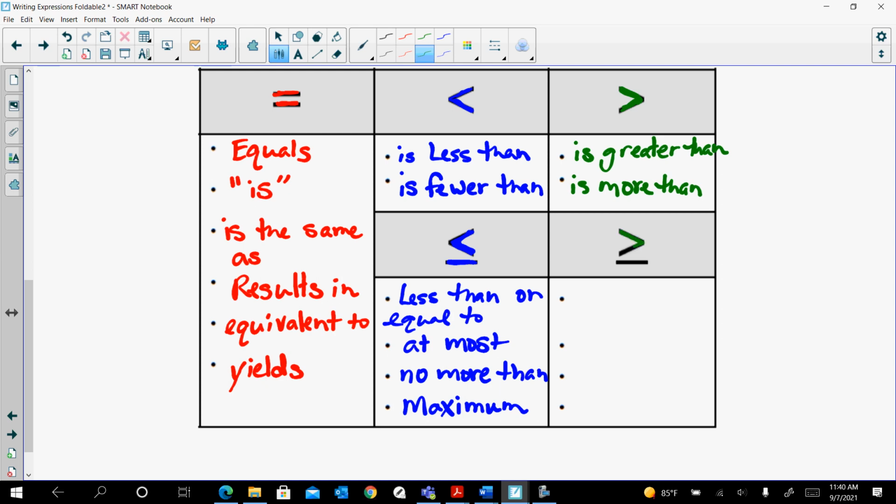Same thing, take the greater than symbol, put the bar underneath, indicating equal to. We're combining the greater than and the equal sign together. So this is greater than or equal to.